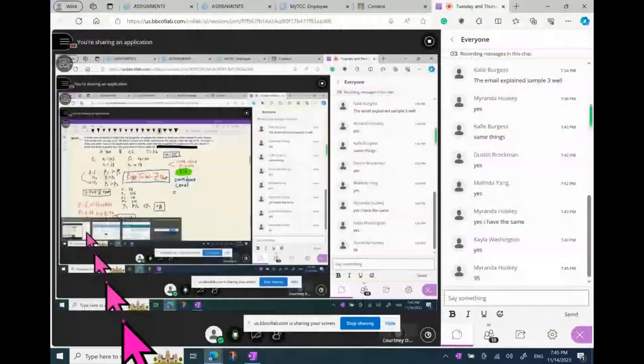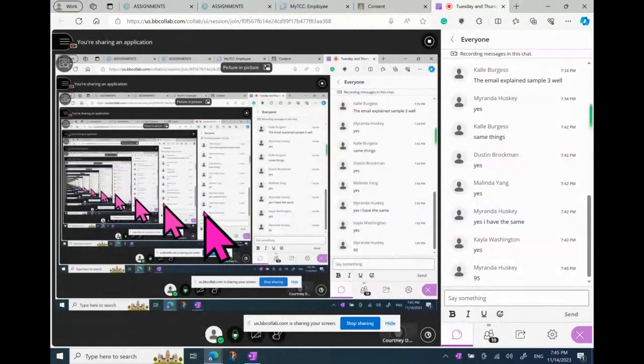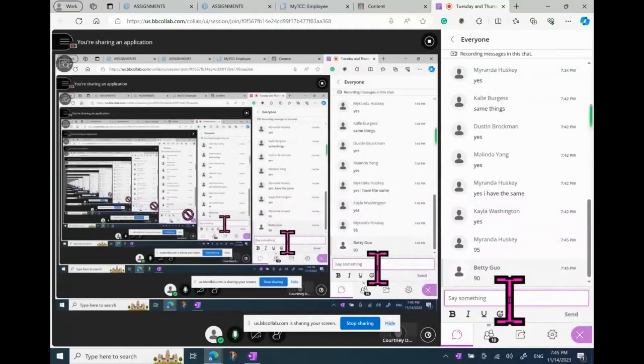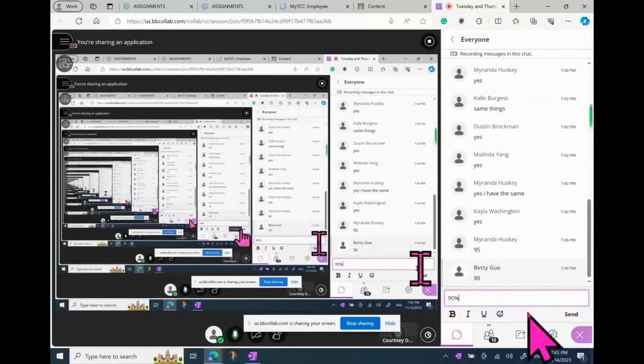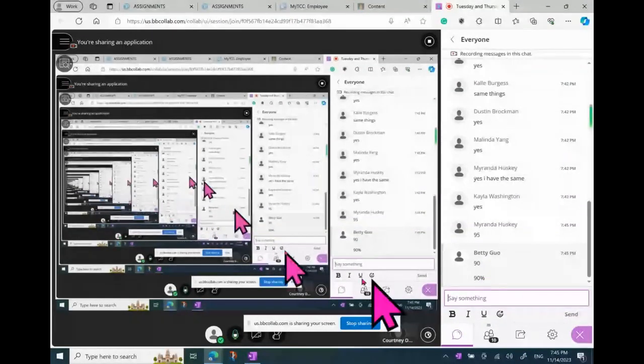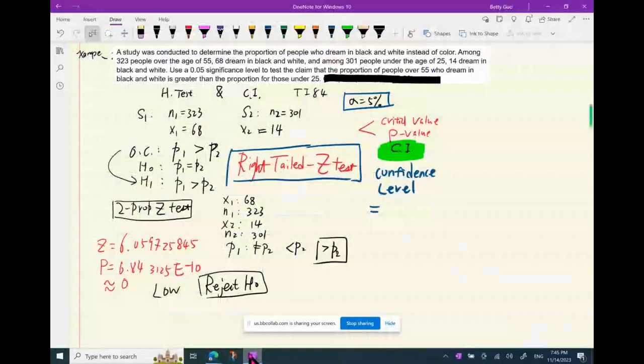It depends on whether you have read my email or not. Miranda, it is not 95%, it is 90%. Let me make it clear. It is 90%. I blame myself, my bad. Let me repeat why. You want to look at the email I sent you Thursday night, pretty late, because a confidence interval is symmetric, kind of like a two-tail.